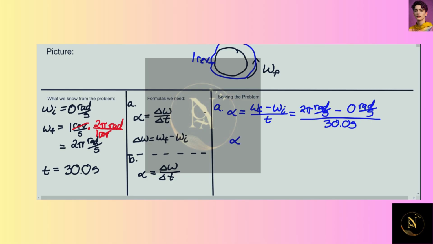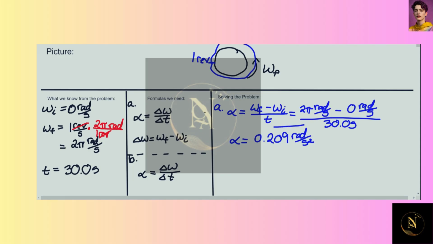And what I end up getting for that answer when I plug it into my calculator is 0.209 radians per second squared. So that is my answer for part A.